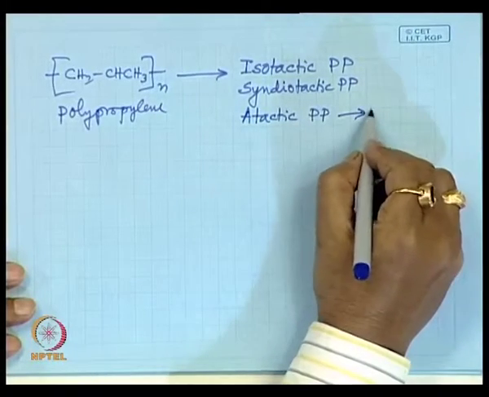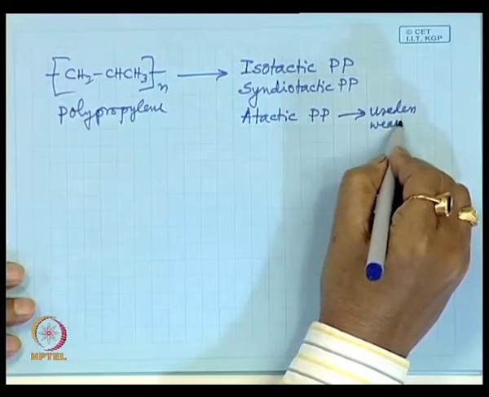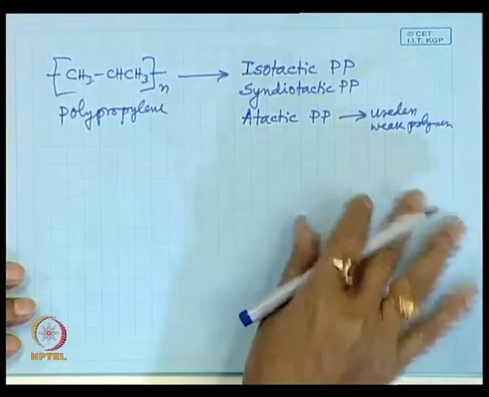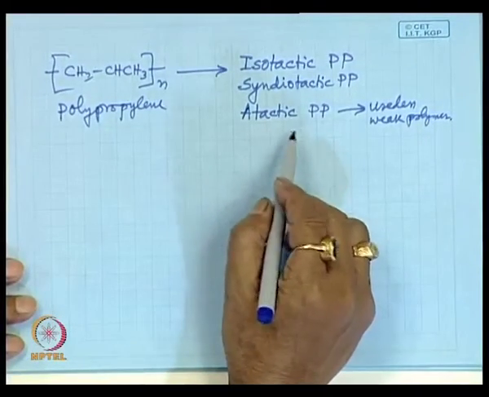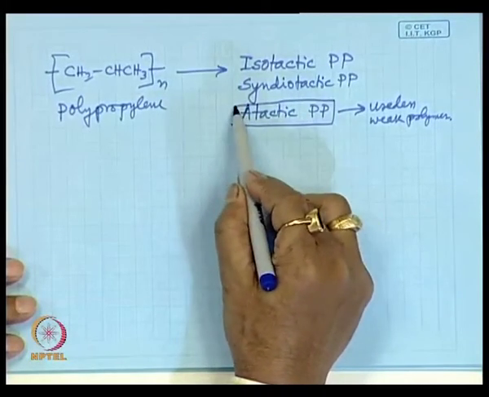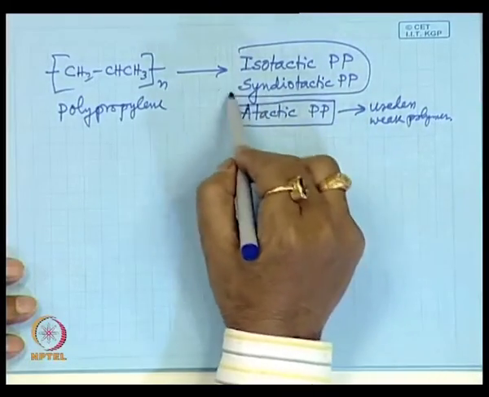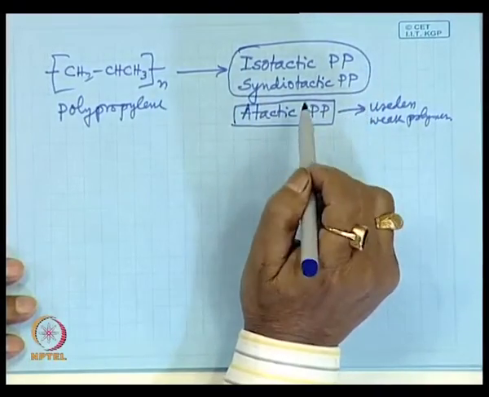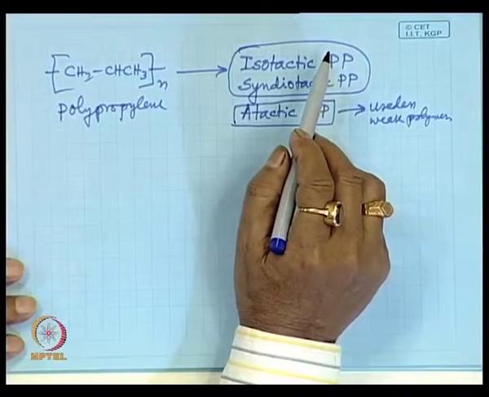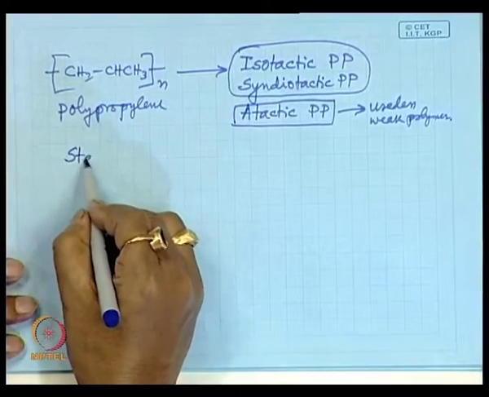This is a useless polymer. Now, if a certain percentage of this atactic PP is produced in a batch, it cannot add to mechanical strength and other properties. So, isotactic and syndiotactic PP is desirable, and for that purpose it needs to be specifically prepared or manufactured. So, this polymerization is known as stereospecific polymerization.